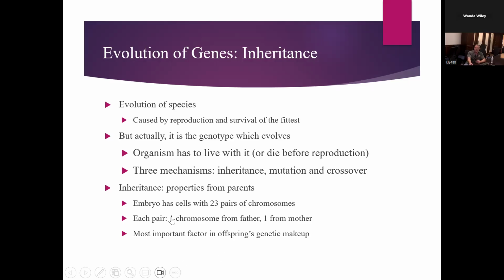This is primarily based on the fact that you do get one chromosome from your father and one chromosome from your mother. This is where we get the term mama's boy and daddy's girl. Women have two X chromosomes. They'll get one X from their mother, but they'll get the other X from their father.